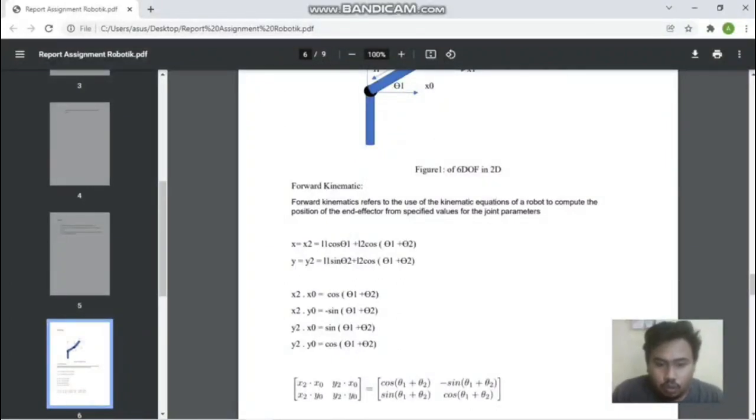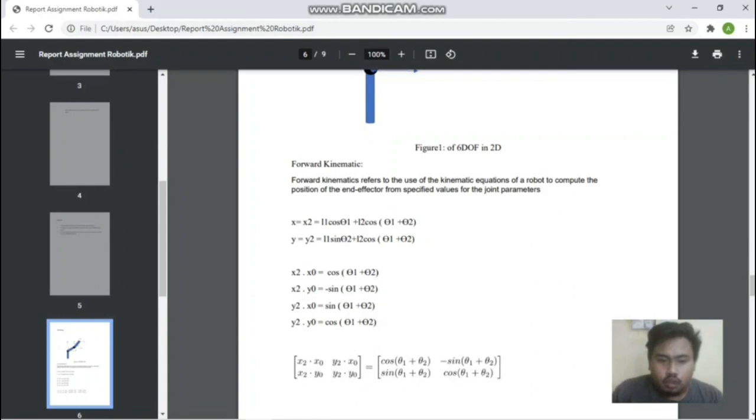Y2 times X0 equals sin (theta 1 plus theta 2), and Y2 times Y0 equals cos (theta 1 plus theta 2). So the matrix is: X2 times X0 and Y2 times X0 equal cos (theta 1 plus theta 2) and negative sin (theta 1 plus theta 2); X2 times Y0 and Y2 times Y0 equal sin (theta 1 plus theta 2) and cos (theta 1 plus theta 2).